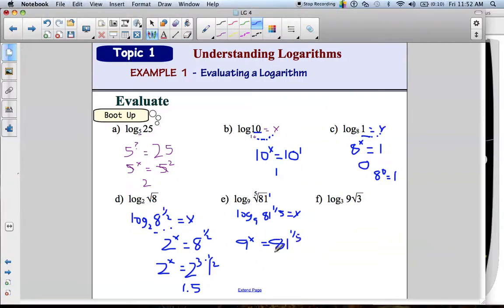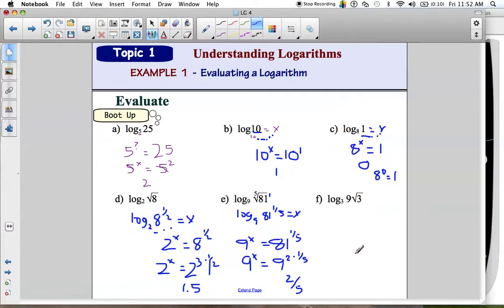I could, but I know this number 81 is really 9 squared. I can see that. So I'm just going to leave it at base 9, because I have a 9 over here. And now I have a 1/5 weighting, so don't forget about that 1/5, because it's still there. Now I take the 2 and multiply by 1/5, which gets me 2/5. So there's my answer, 2/5.